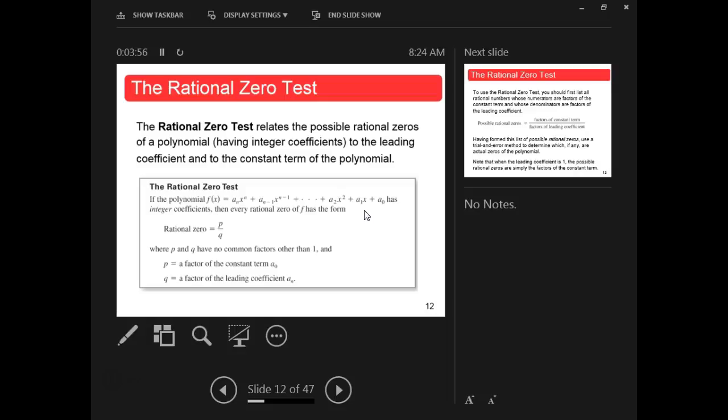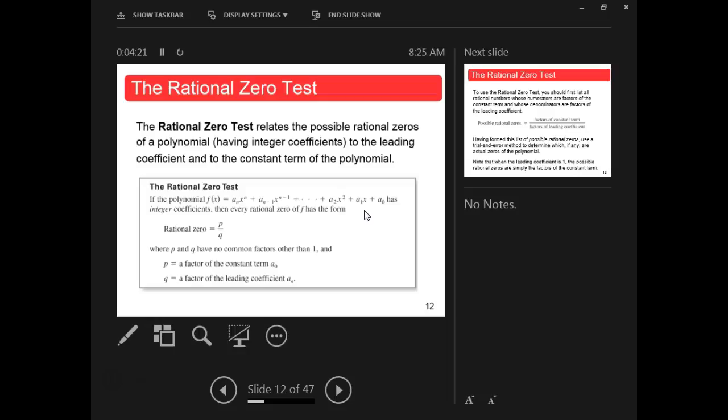Okay? Before, these coefficients could be any real numbers. Now we're limiting them to integers, plus or minus whole numbers, every one of those a's. Okay? Now, how we investigate what the possible zeros are, we're only going to use this one and that one.